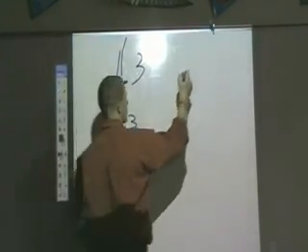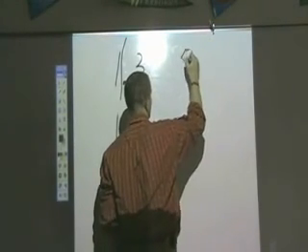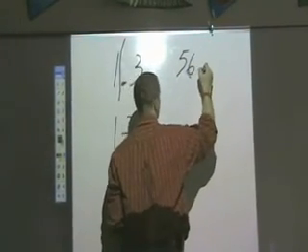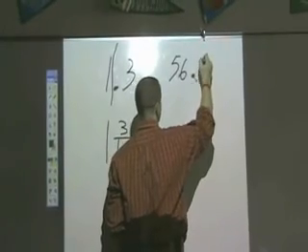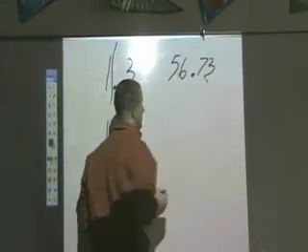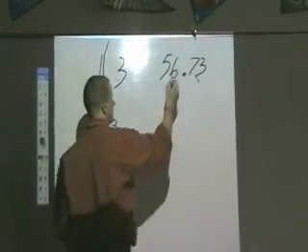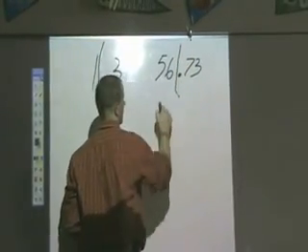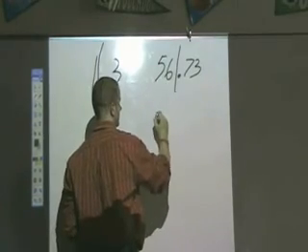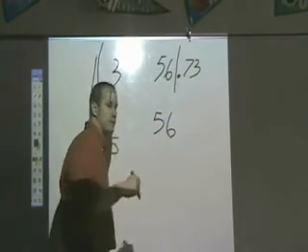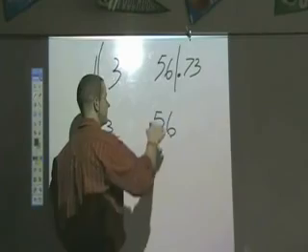Let's do another example. What if I had 56.73, 56 and 73 hundredths, and I want you to make it into a fraction? Well, once again, take your whole number. What's your whole number? 56. It's a complete pie. It's a complete pizza.